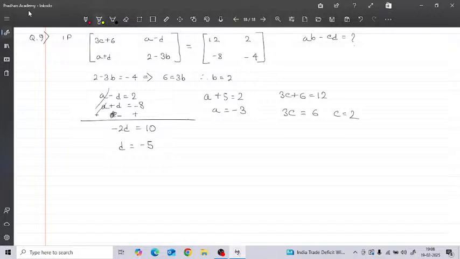So we got b equals 2, a equals minus 3, d equals minus 5, and c equals 2. So let's calculate the value of this expression. A is minus 3 into b is 2, minus c is 2 into d is minus 5. So that is minus 6 plus 10. So my answer is 4.